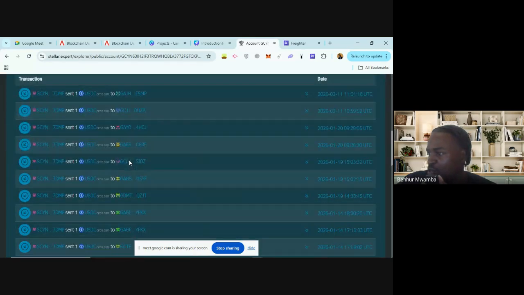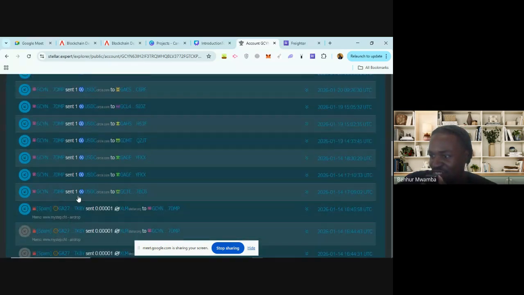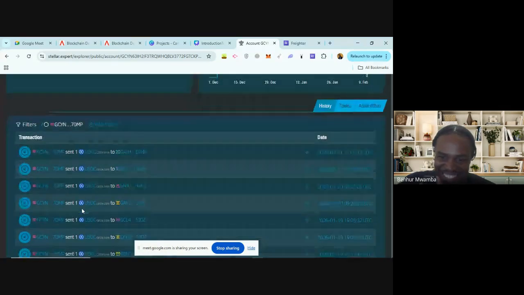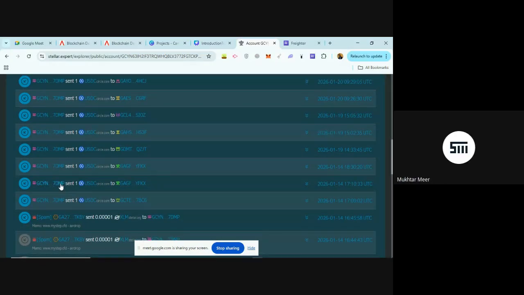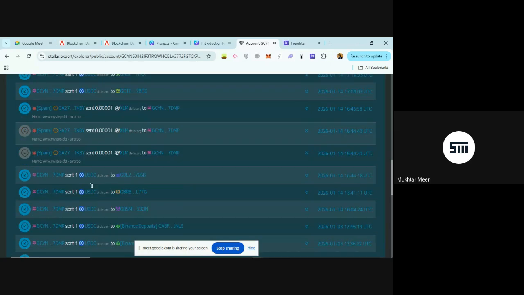Let's go back, and here are the transactions. Sent $1 to this person, $1. Whoever this person is, very generous. It's been sending $1. Is it your wallet, Mukhtar? It's the wallet activation thing of activating the Beans wallets.